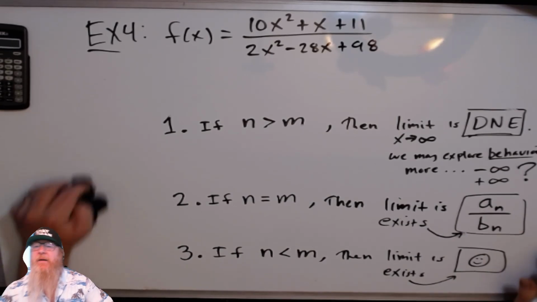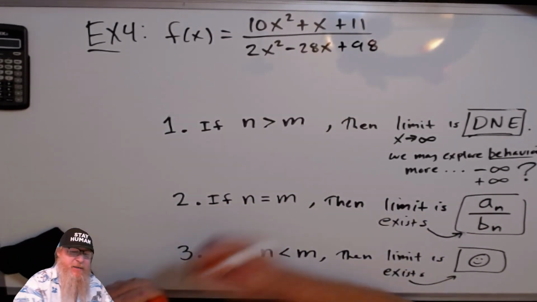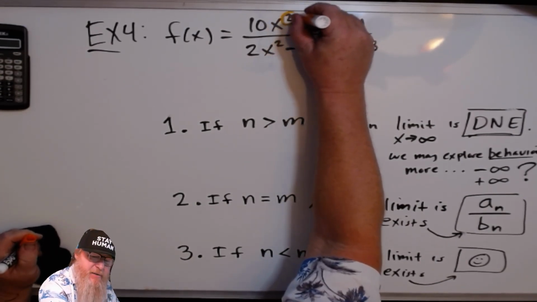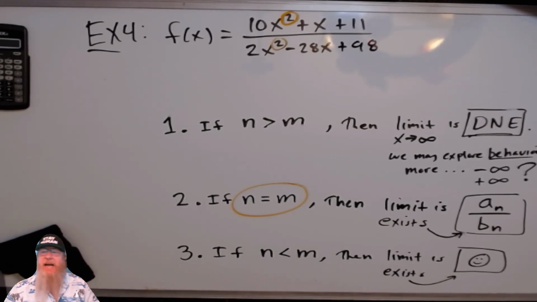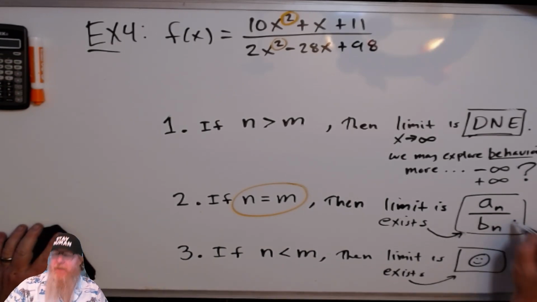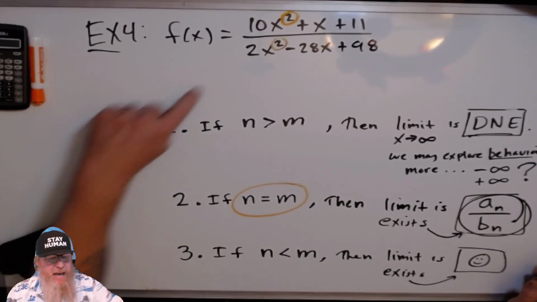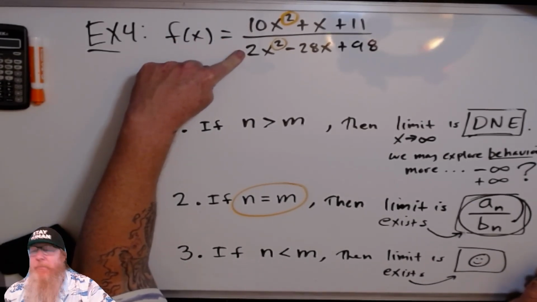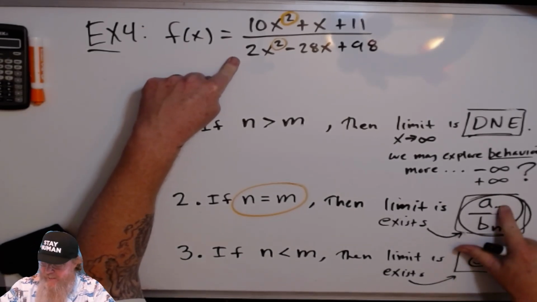Before I erase this, let's decide which possibility it is. So this is your n, and this is your m, and they are clearly the same. They're both 2. So that means we are in this case right here, a_n over b_m. You could just say a over b, really.